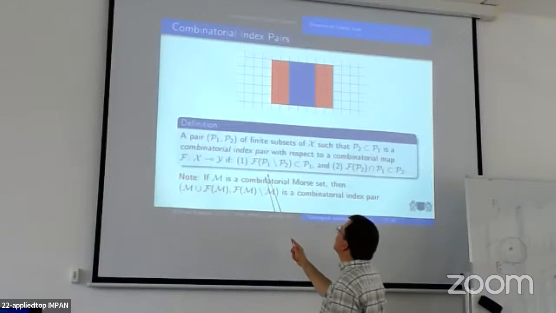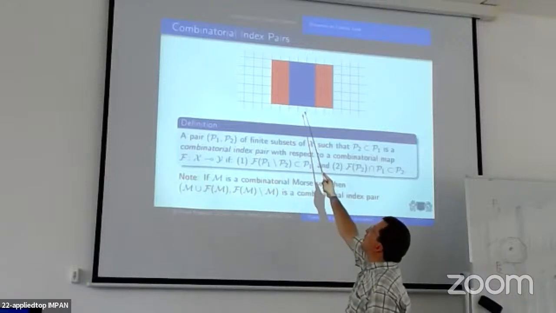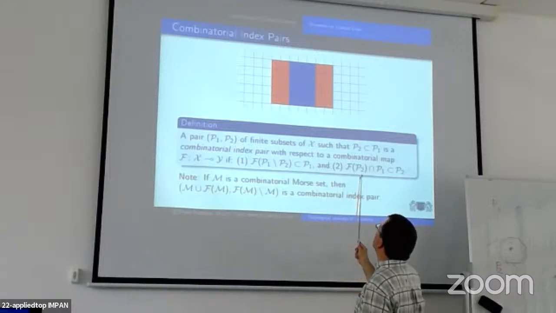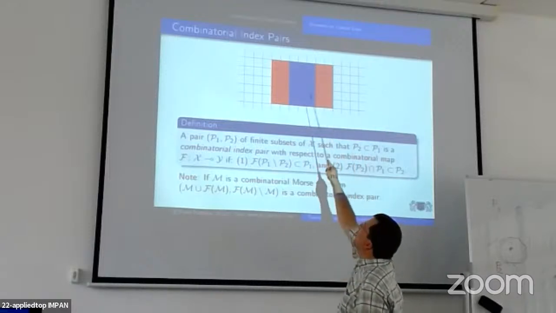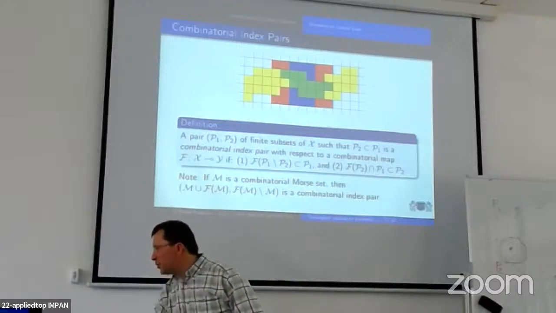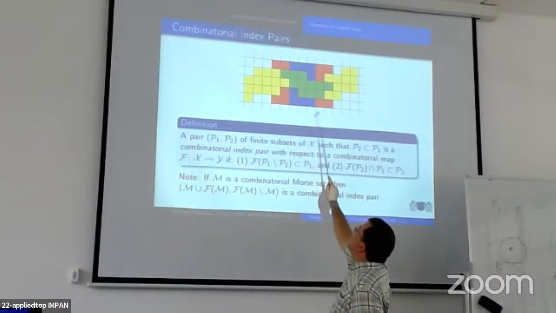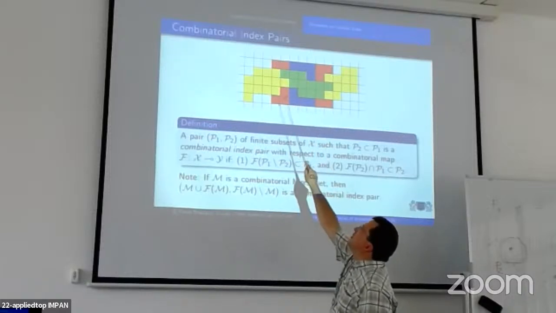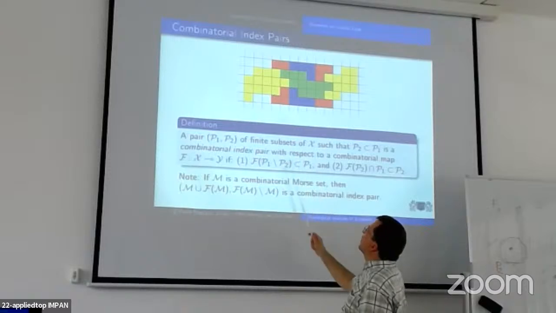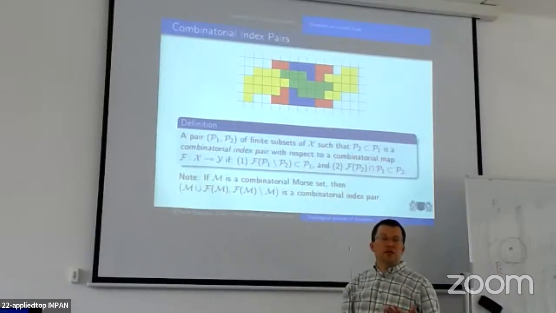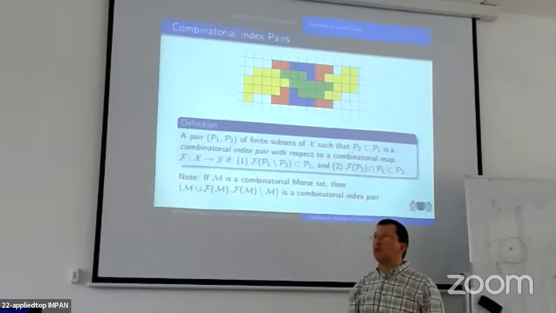It just satisfies the two conditions, that the image of the blue part is contained in blue and red, and the image of the red part is disjoint from the blue. For example, those forward images might look like this. So the image of the blue is green, the image of the red is yellow, and they satisfy these two conditions. There is no condition about an isolating neighborhood necessary because we get this for free thanks to taking this interior.